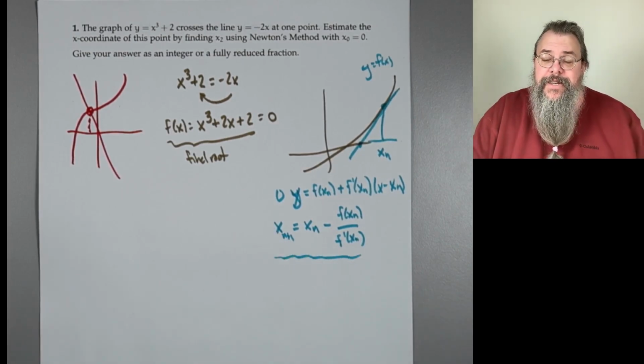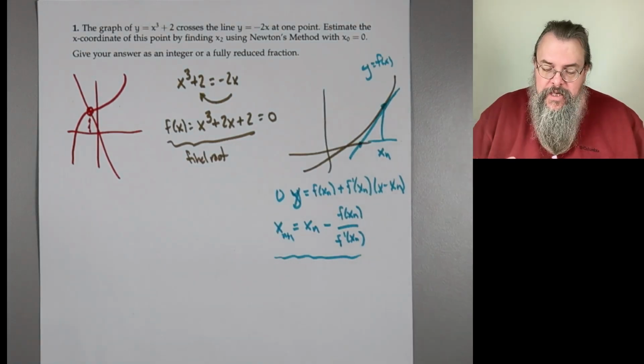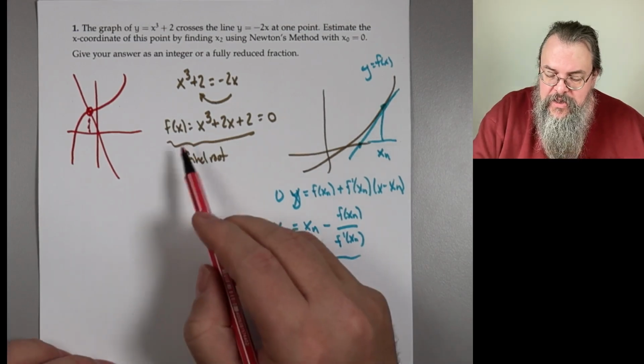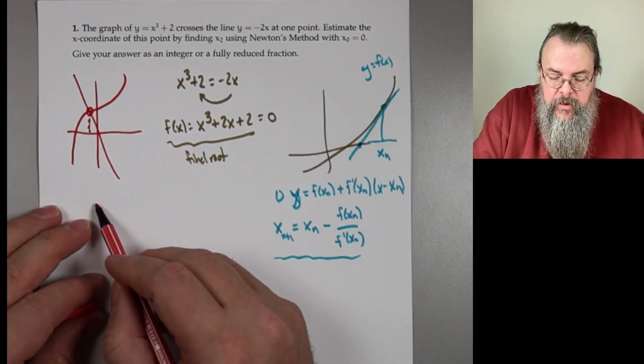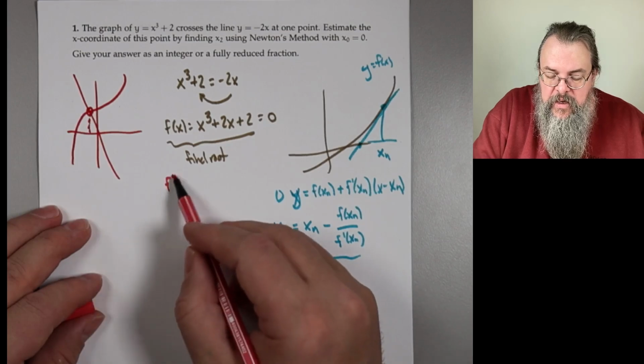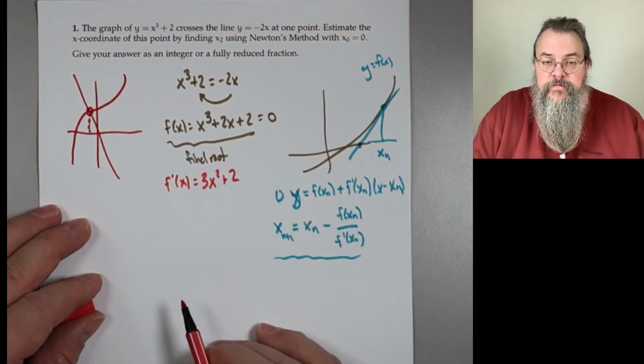Just remembering that, that's got to get you some points, right? Oh yeah, oh yeah. Now, what do we need? Well, we have our function, so let's do our computation. Well, we have f of x. We should look at f prime of x. F prime of x, 3x squared plus 2.